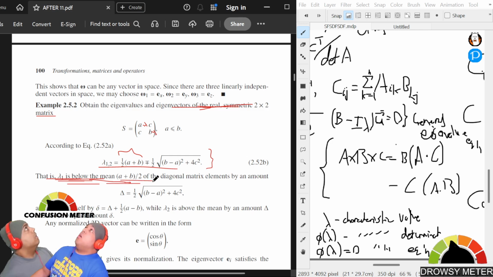Lambda 1 is below the mean of the diagonal matrix elements, half of A plus B. So depending on the rank, this bottom number, A plus B over 2. Lambda times lambda times lambda.